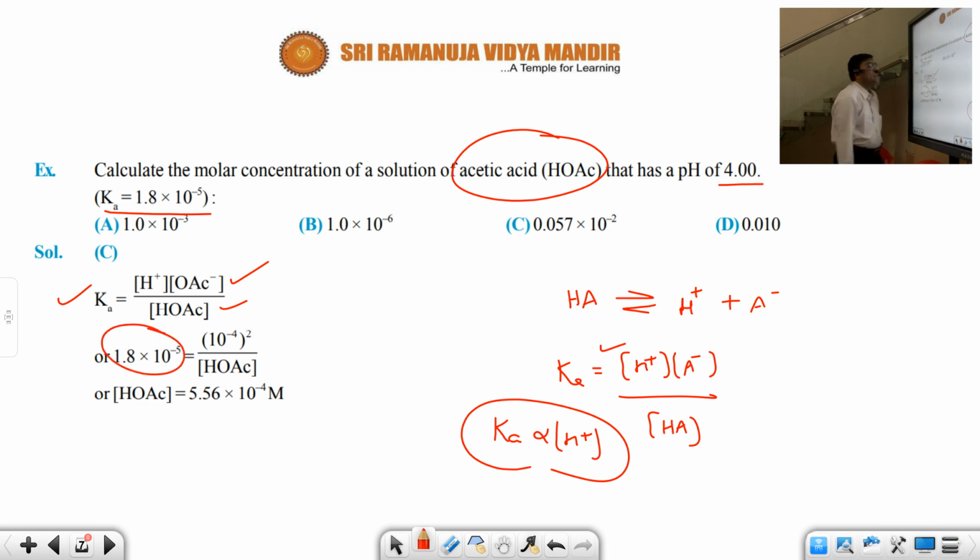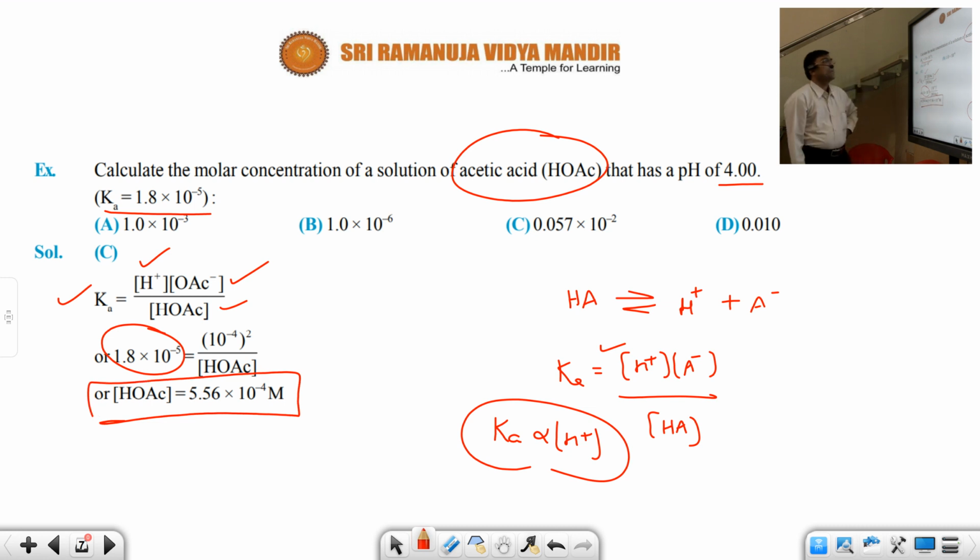The pH value is given, which means I get the H plus ion concentration as 10 power minus 4. Now naturally you will find the acetic acid concentration as 5.56 into 10 power minus 4.